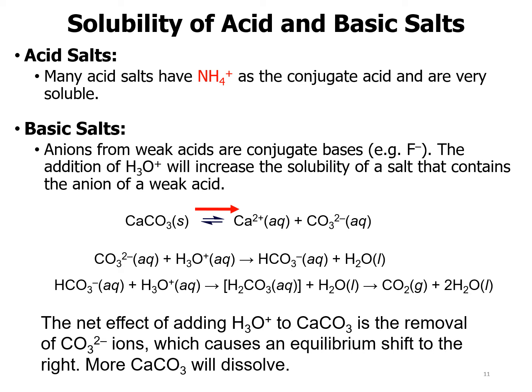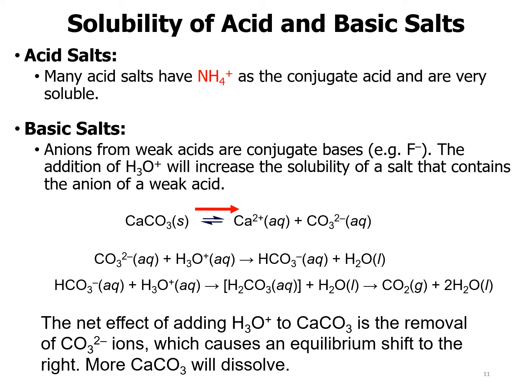But when it comes to basic salts, most of the anions you are familiar with come from weak acids and they are the conjugate bases. Now let's say I have a salt and I add more hydronium ions or protons, more acid solution, into that.